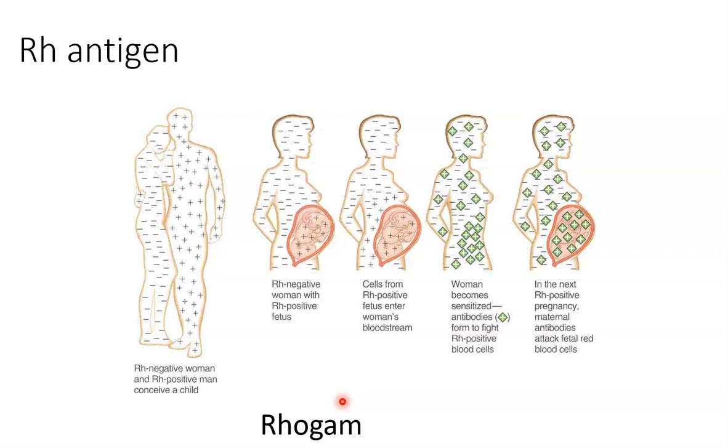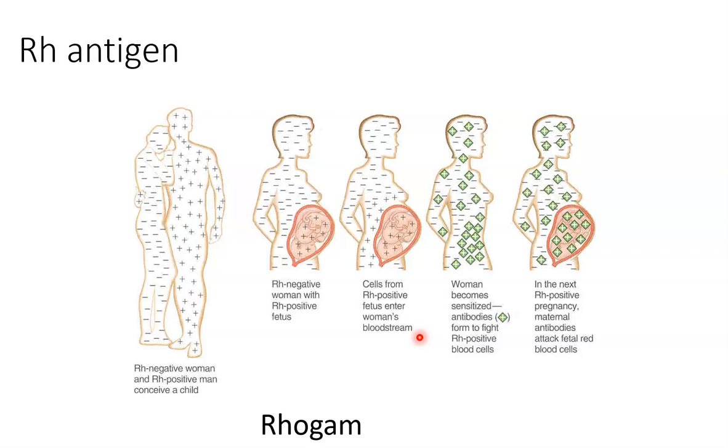What it will not do, once she's produced antibodies, is get rid of them. So Rhogam can't get rid of them, so you have to give it to the mother at a time before she would produce them, and it will inhibit the production of those Rh antibodies.